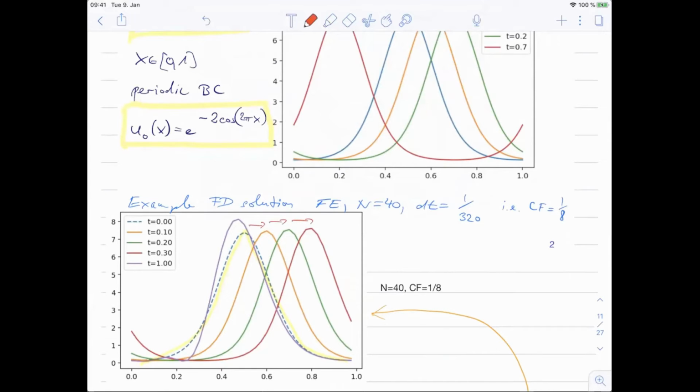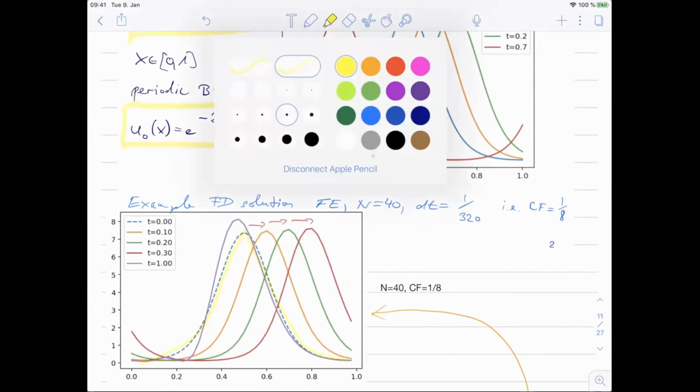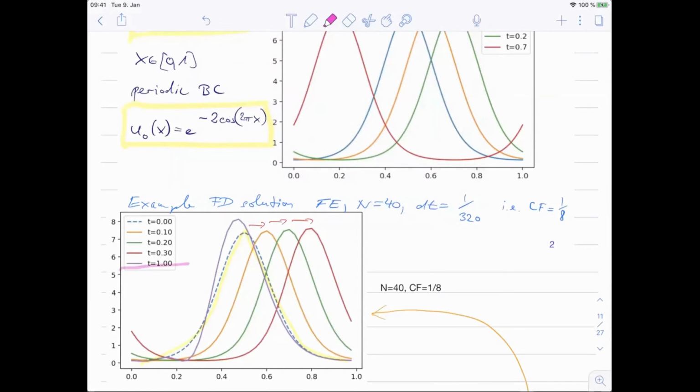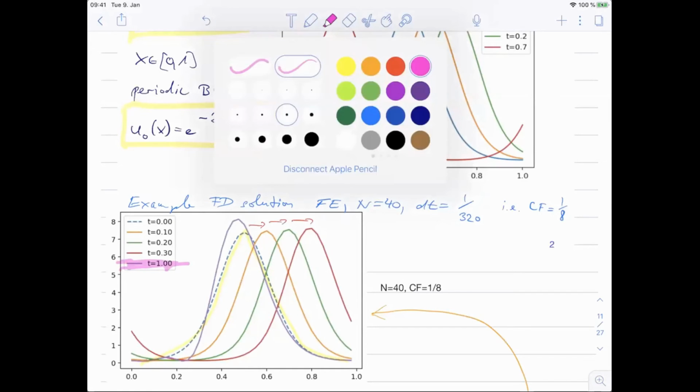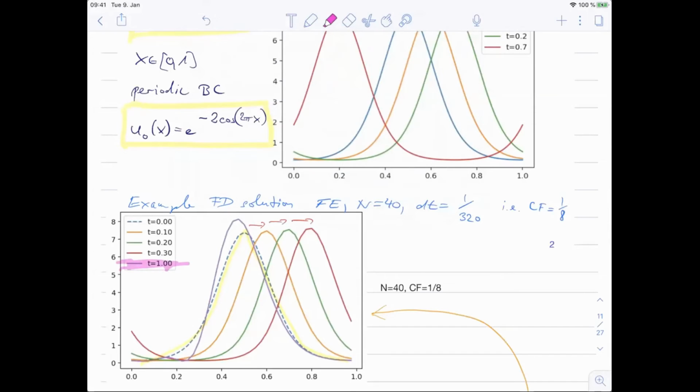So the solution propagates to the right. And what I've also spelled out here is the solution after one full light travel time at time t equals 1. At that point, you should be back to your original solution. However, what you see here is that the solution actually looks already significantly different from before.